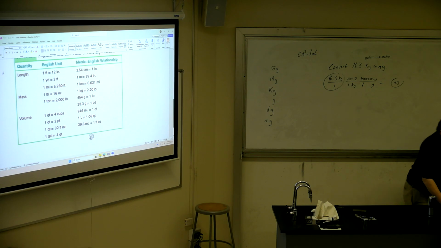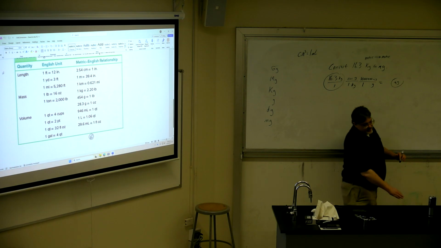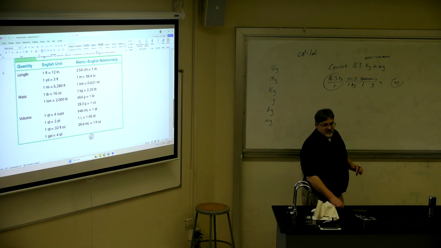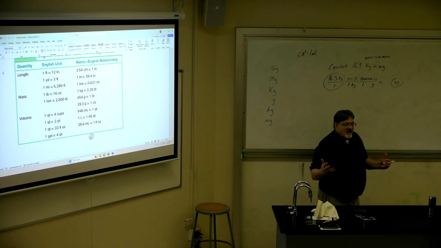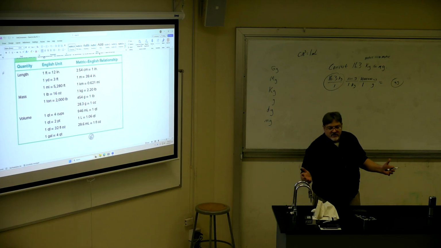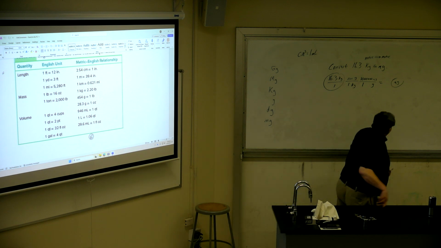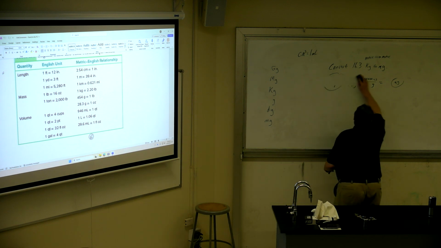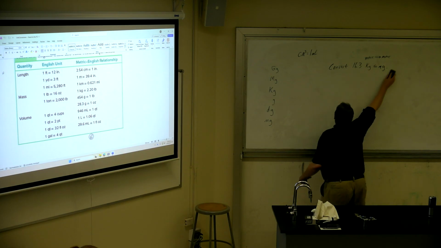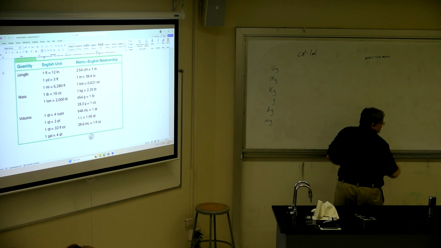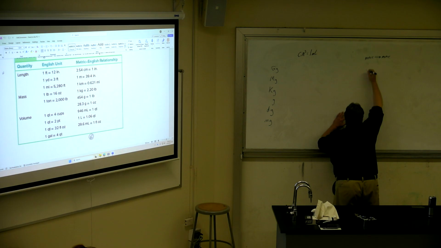Something else I will give you on the test, you don't have to memorize it, is this. Sometimes they're called standard units, sometimes they're called English, and I see them called US units, United States units. But this is pint, gallon, pounds, ounces, not the metric system. I will give you that on the test, you don't need to memorize it. But the possibilities you have when you're solving a problem is it might be metric to metric.